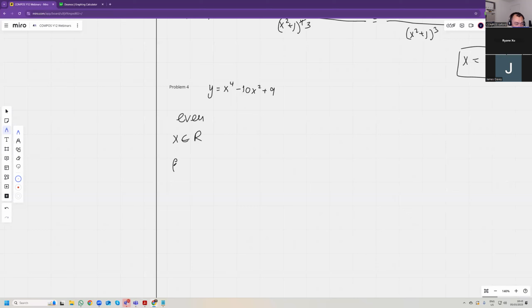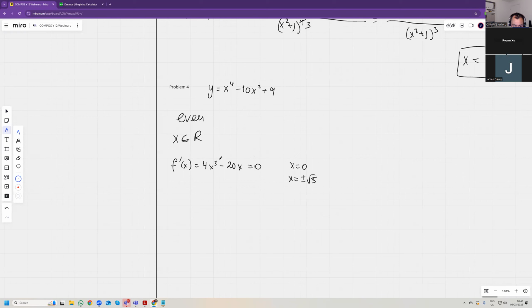Okay, let's find the first derivative. So that's 4x cubed minus 20x. Where is that equal to 0? Well, that's equal to 0 when x is 0, or x is plus or minus root 5.